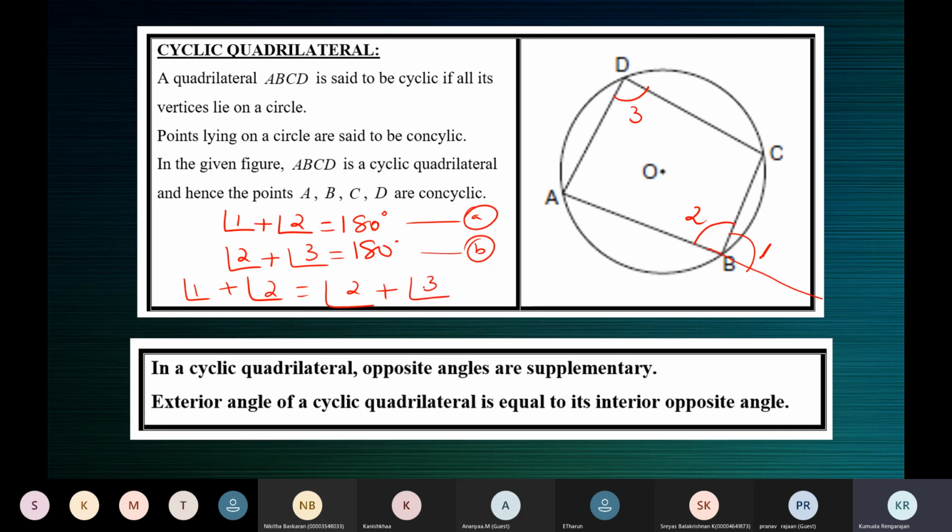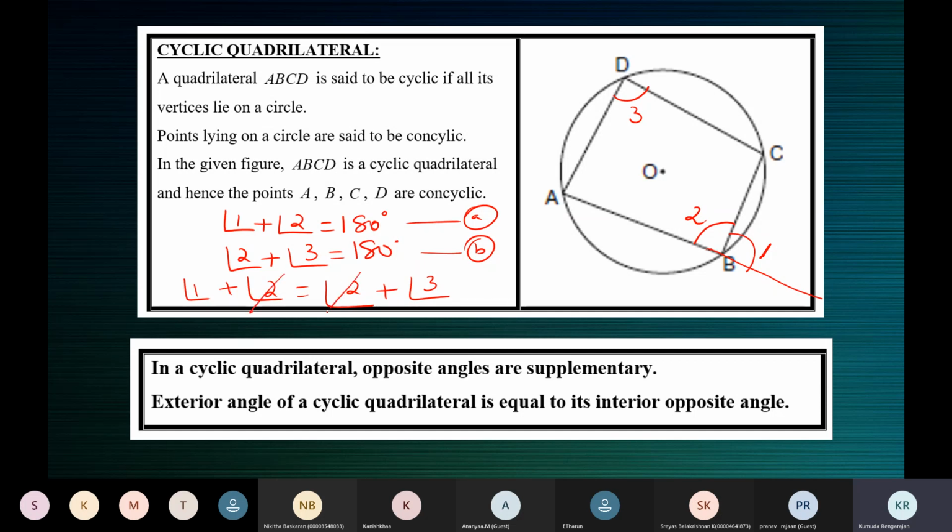Is this right? Yes, ma'am. What is angle 1 plus angle 2? 180. What is angle 2 plus angle 3? 180. So angle 1 plus angle 2 is equal to angle 2 plus angle 3.